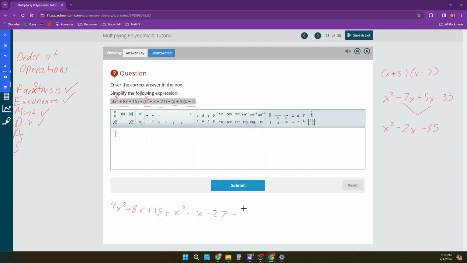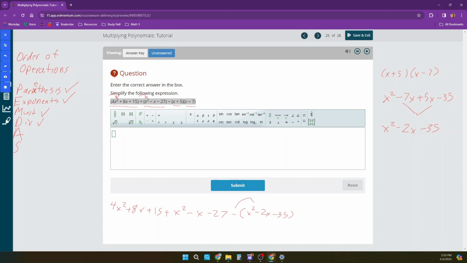Minus, we're minusing this, so that's going to be subtracting the whole parentheses x squared minus 2x minus 35, which, one last thing, when we're subtracting by an entire polynomial, we need to distribute that negative.